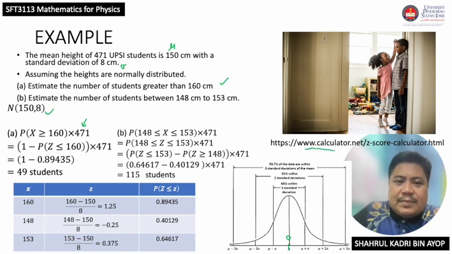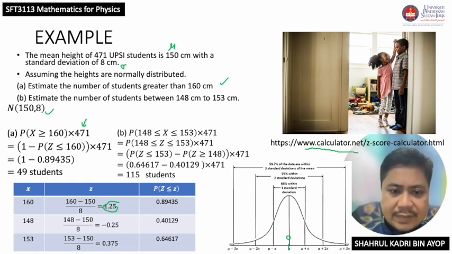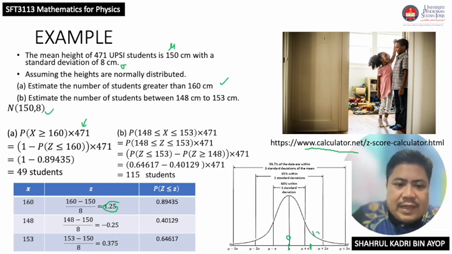So this is an example of a table that you can get. You just input the X value, mu value, and the standard deviation. Then you can get the Z value here. So a Z value of 1.25 means it is around here, so 1.25 sigma actually.